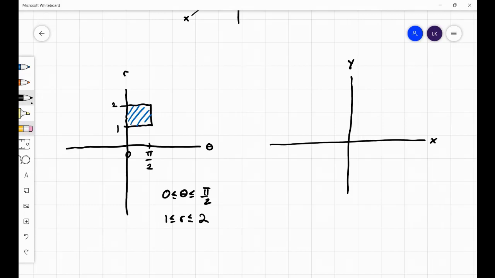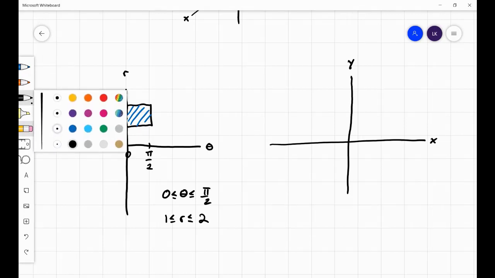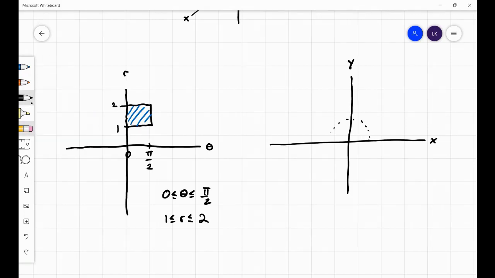And so you'd want to be able to see what the corresponding region is in the xy plane. Well, we know that in the xy plane, r is a distance. So as a guiding thing, let's draw a circle of radius 1 and a circle of radius 2.